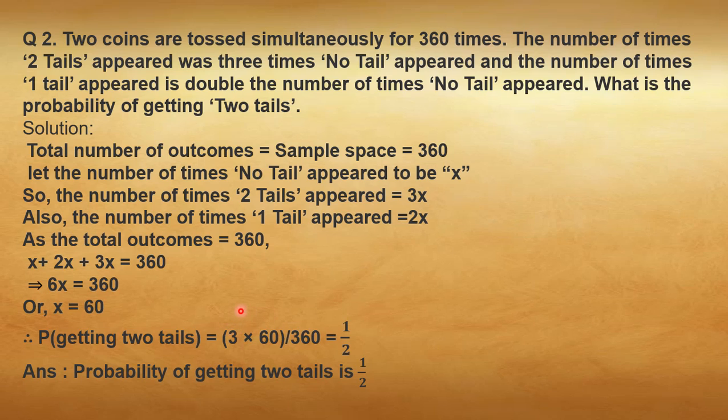Before this we have to write the formula: probability of an event is the number of favorable outcomes upon the total number of outcomes. So 3 into 60 is the favorable outcomes for getting 2 tails, and the total number of outcomes is 360. When we solve it, we get 1 by 2. So here we can say the probability of getting 2 tails is 1 upon 2, correct?